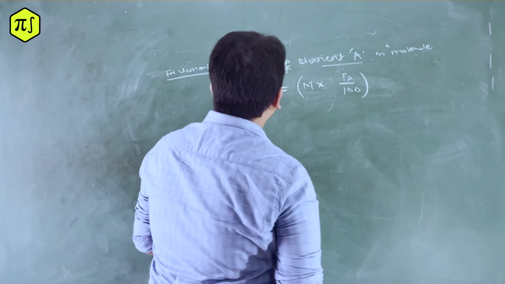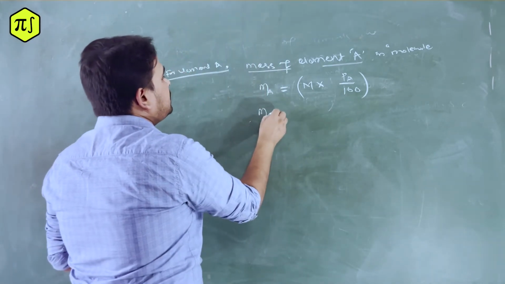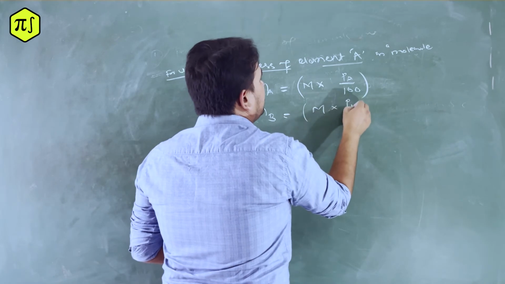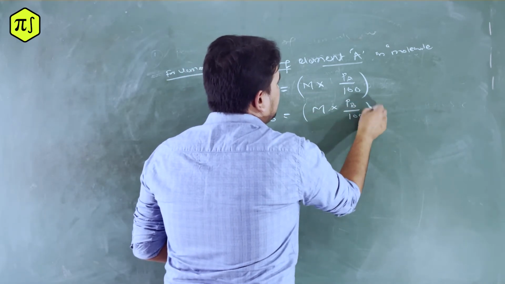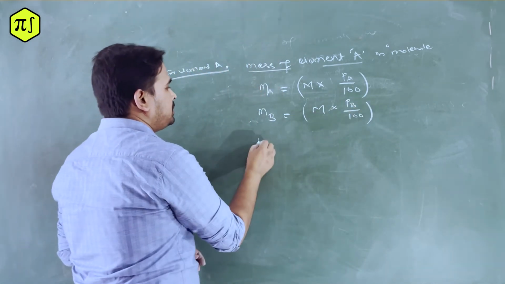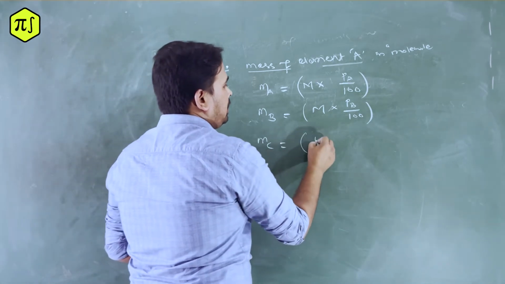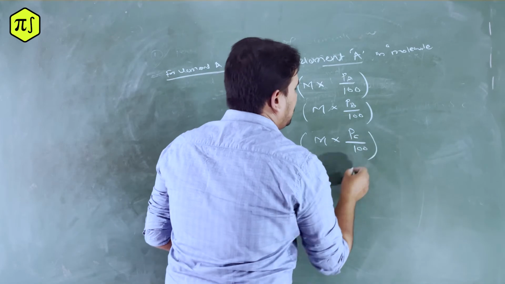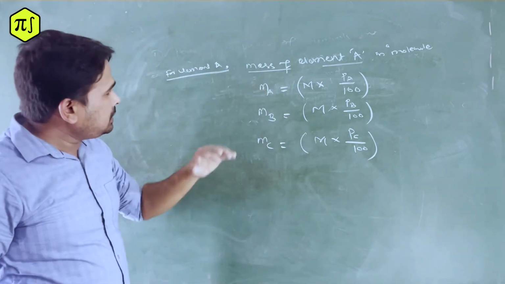Similarly, MB is M into PB by 100. Similarly, MC is M into PC by 100, where PC is the percentage composition of C.